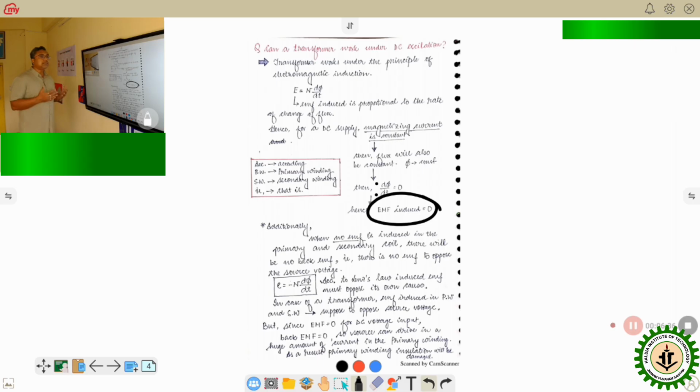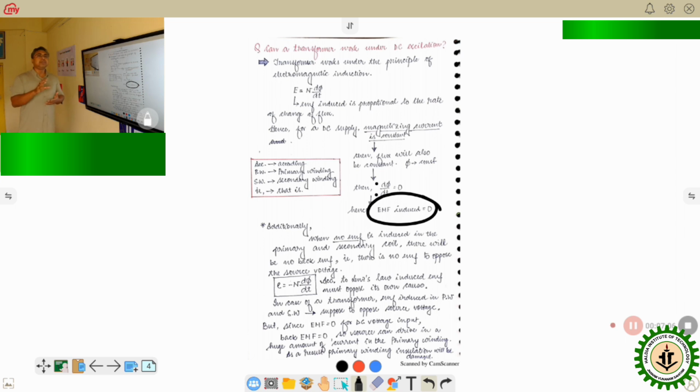But since we are learning engineering, one must try to get an insight into what will happen. It's very easy to say that the transformer will not work because d phi by dt is 0 and the induced EMF is 0. But what will happen? We must understand one thing: whenever we give a supply voltage to the transformer, the supply voltage is present from the very beginning.